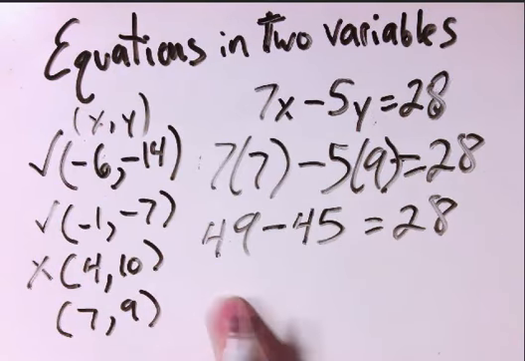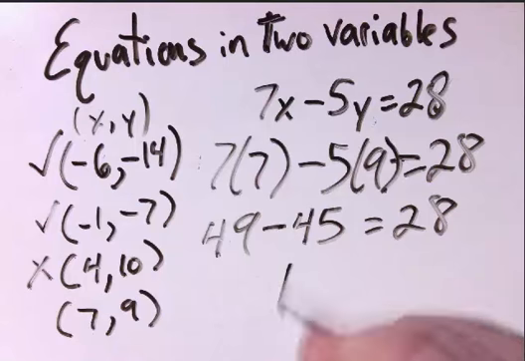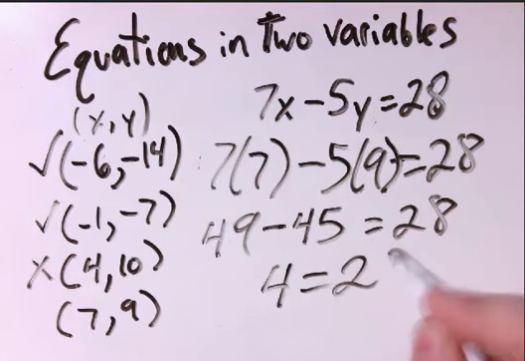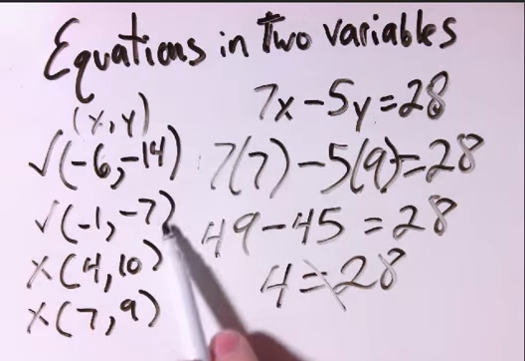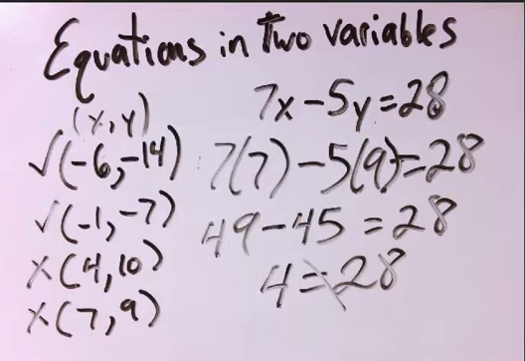So we have 49 minus 45, that gives us 4. 4 does not equal 28, so we know that this is not one of our answers. So we know that just these first two are correct answers for this question.